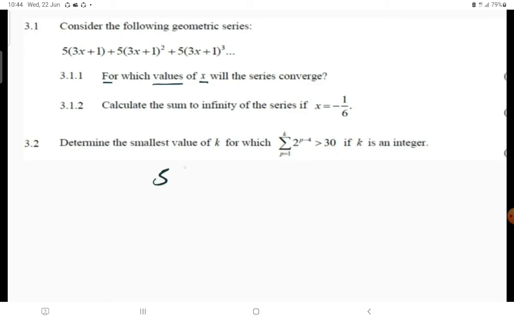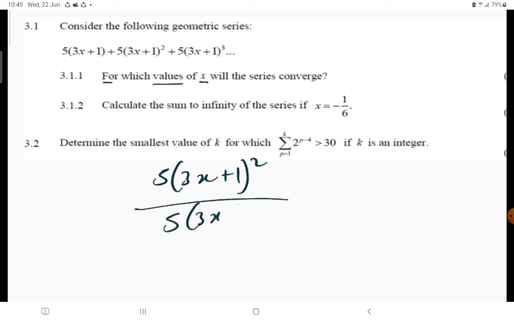We have term 2, which is given by (3x plus 1) all squared, divided by term 1, which is 5 into (3x plus 1). This is going to be your r.